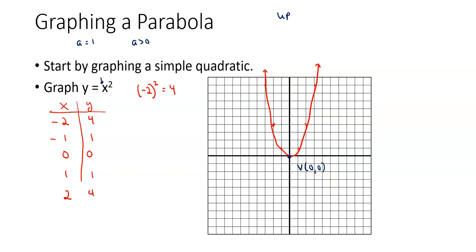That vertex also has another property to it, which is that it identifies the axis of symmetry. If I look at this axis down the middle here, which in this case is the y-axis, half of the graph is to the left, half of the graph is to the right, and they're mirror images of each other.